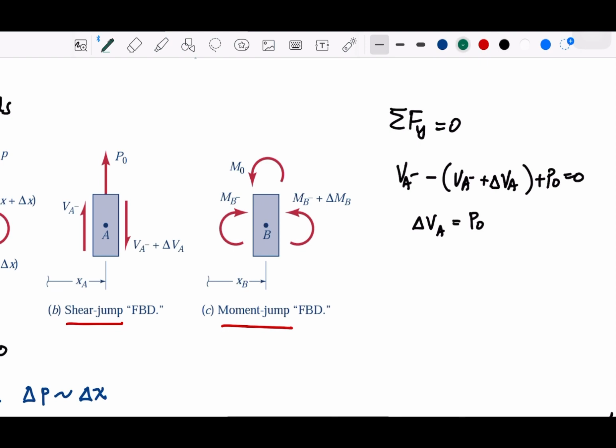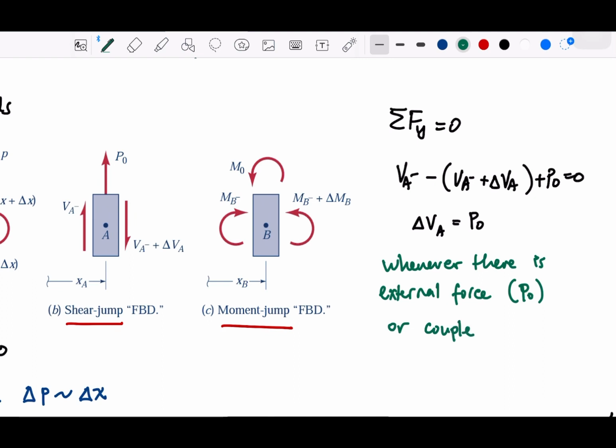So whenever there is an external force, let's say in our case here it is the P0, okay, or a couple, like in the third picture, it's the M0, there will be some change.